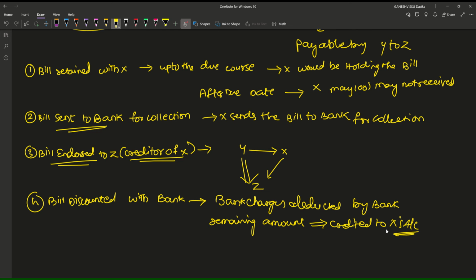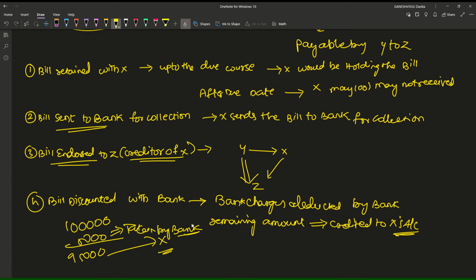Let us suppose from 1 lakh rupees, 5,000 is bank charges, and the remaining 95,000 is credited to X's account, and these bank charges are taken by the bank. So this is the situation that would be occurring here.